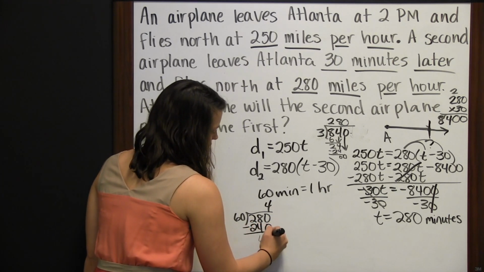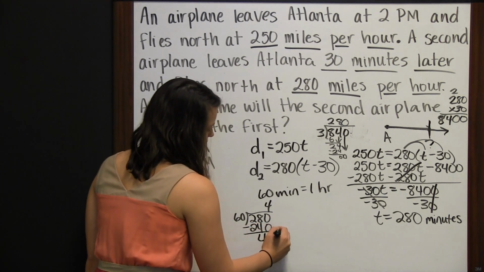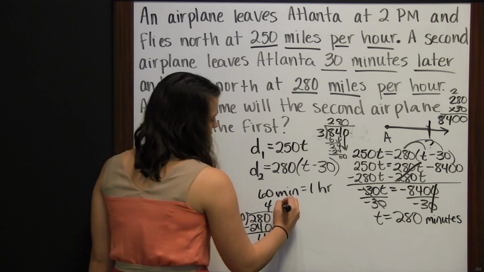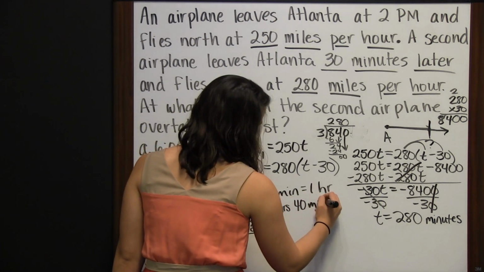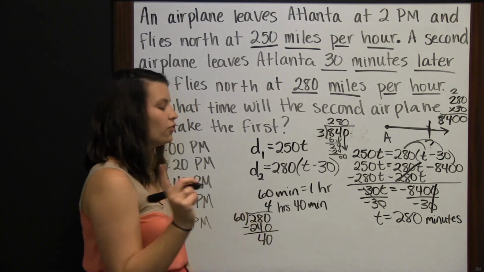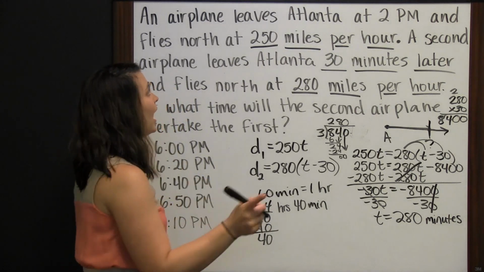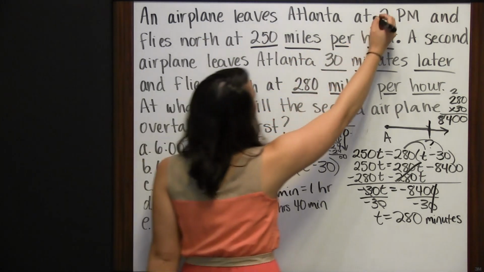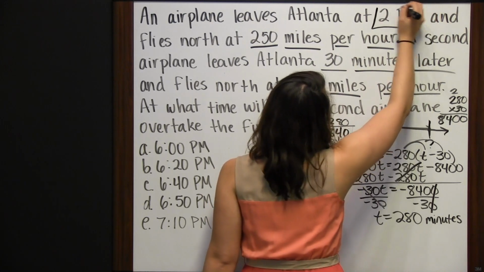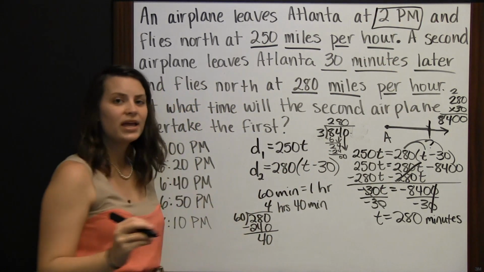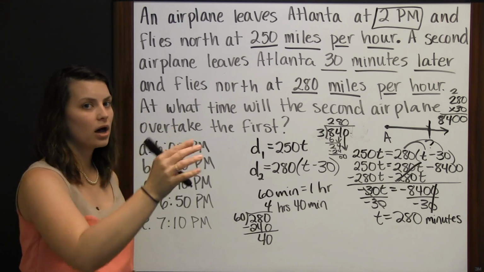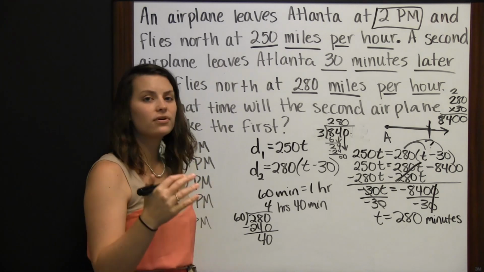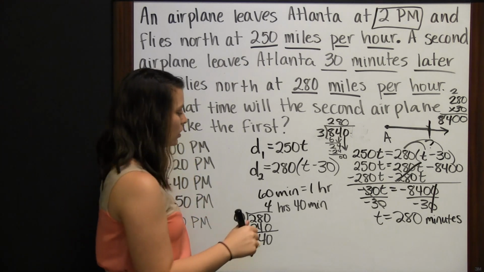You subtract and you get a remainder of 40 minutes. So that's 4 hours, 40 minutes. So 4 hours, 40 minutes after the first plane left at 2 p.m. is when the second plane overtook it, or caught up with it, or had traveled the same distance.